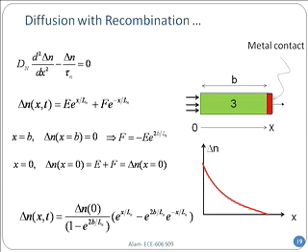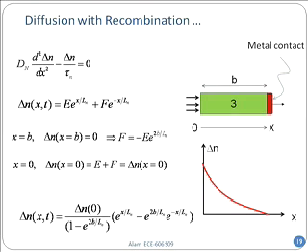What is the unknown here? The only thing unknown is delta n. But other than that, do I know L sub n? Of course I do, because I just said it is square root of D n tau n. Why did I get D? From Einstein's relationship. Because I knew mobility, I measured mobility. Do you remember all those 4 probe measurements?